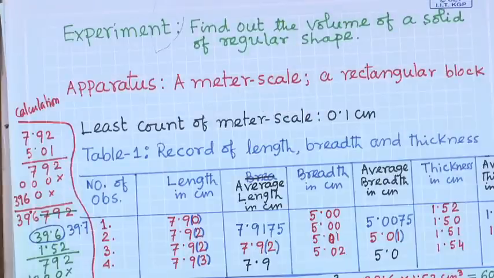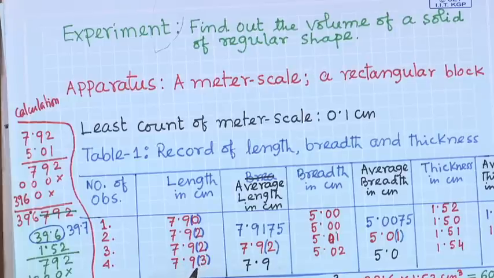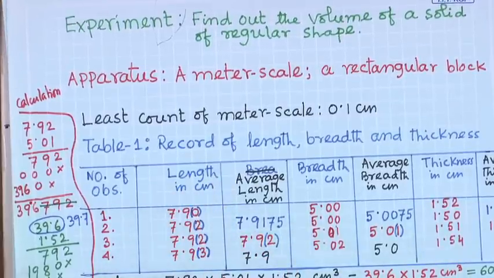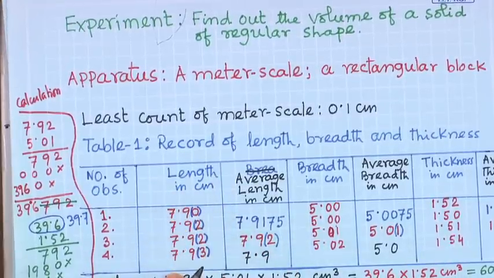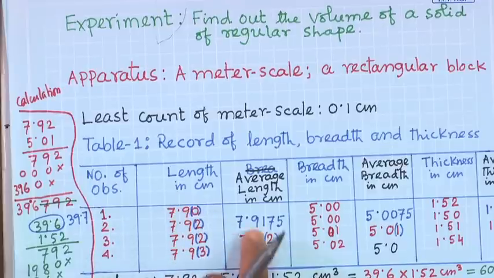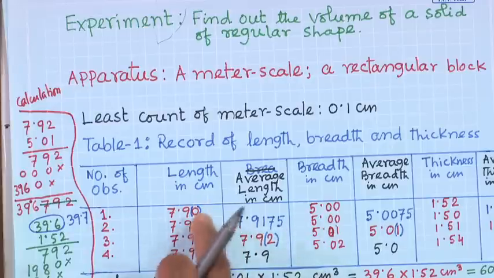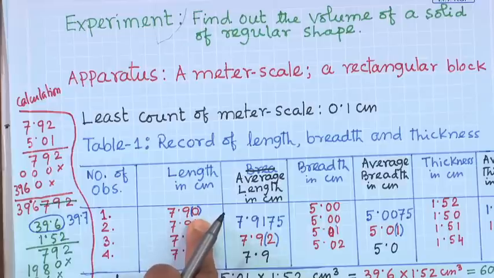Now the second part is the calculation. You have to find the average length. If you add them, the 7.9 is there in all, and then the second digits are 0, 2, 2 and 3, which add up to 7 hundredths.